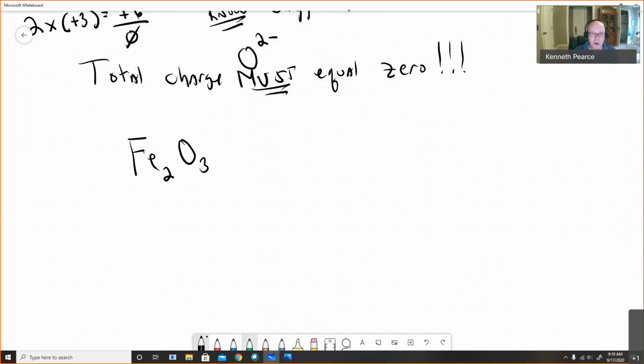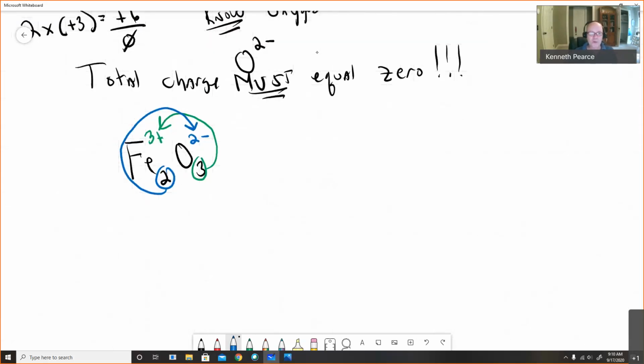So you can uncross the charges so that you can tell what happened here. So I uncross the charges. And so once again, we determined that the iron in the iron oxide here with the subscript 2 and subscript 3 has to be 3 plus.